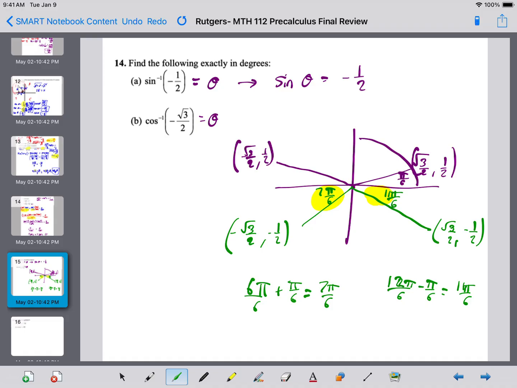So those are two potential solutions. Now we have to think to ourselves, what is the domain and range of arcsine?